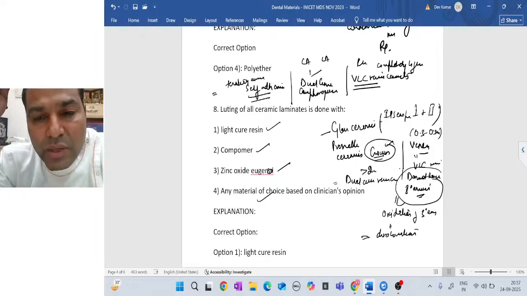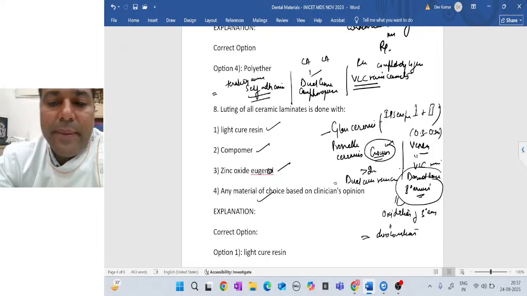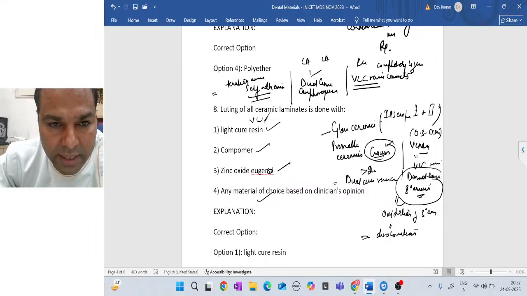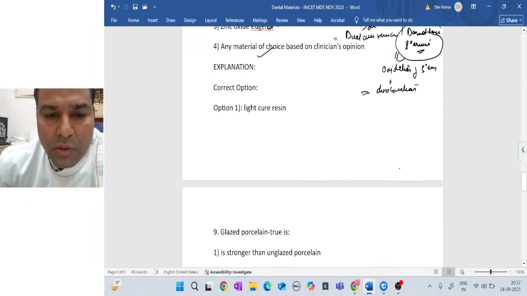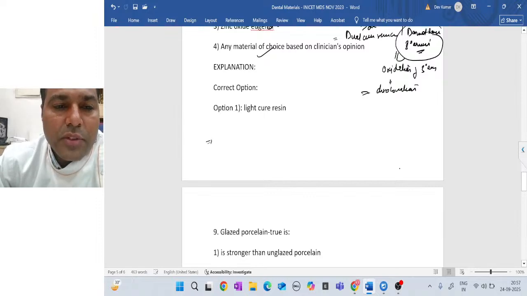So do you want that to happen? No, I do not want that to happen. So that is why when I am luting a veneer, I use a visible light cure resin cement. Very, very important question.